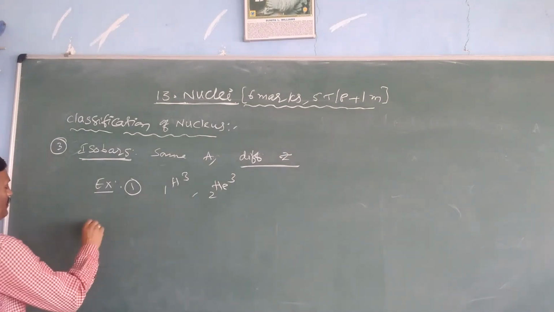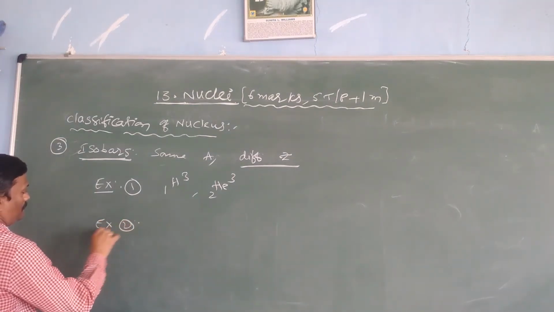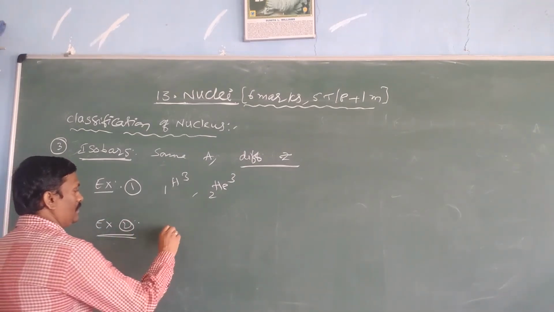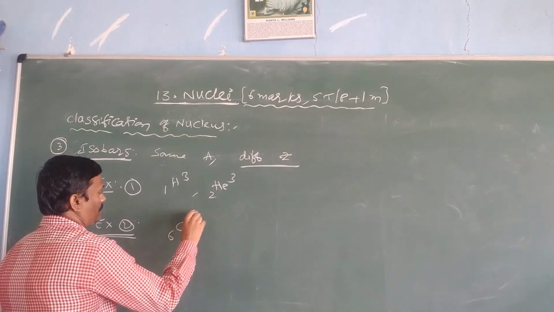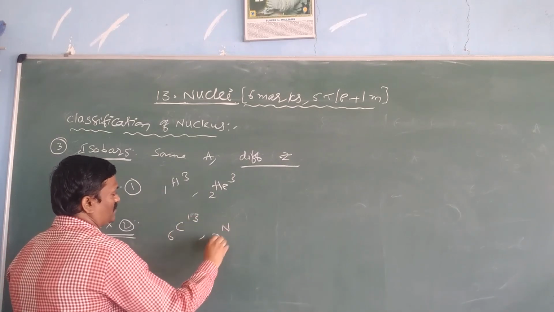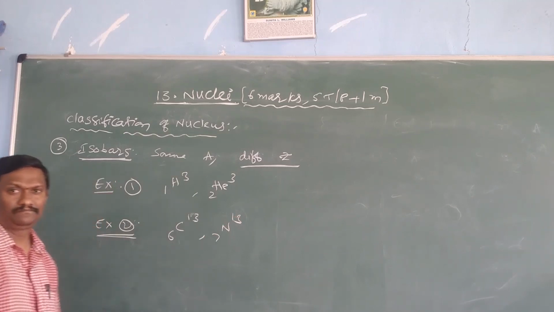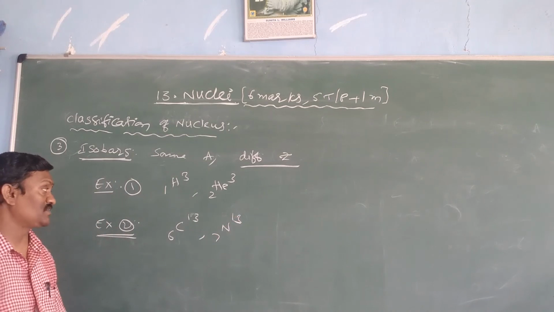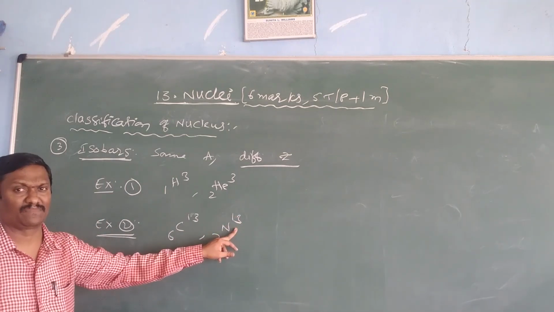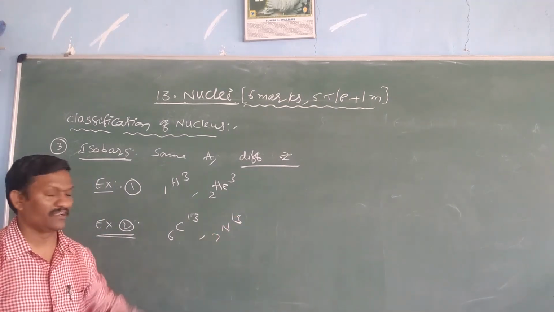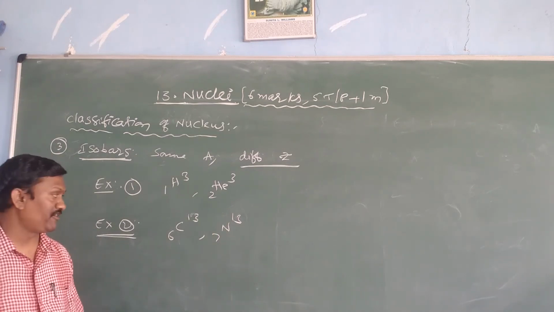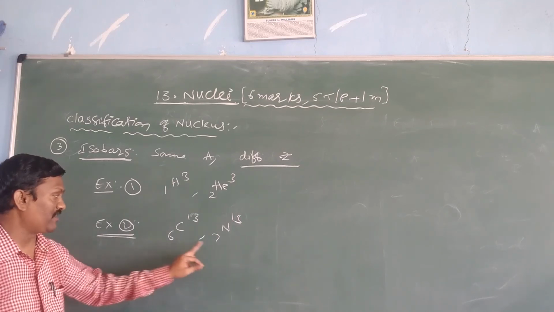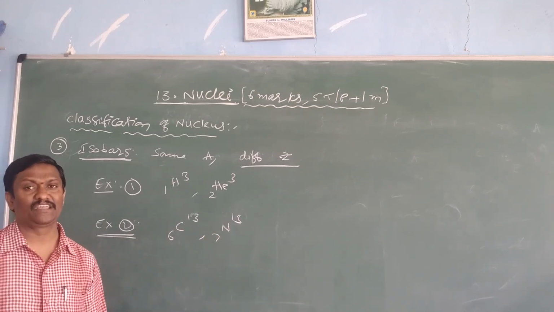Next, one more example: carbon 6,13 and nitrogen 7,13. These two are also called isobars because they have the same mass number but different atomic number. The atomic number is different but the mass number should be the same. Different atomic number means the chemical nature of the element is also different.